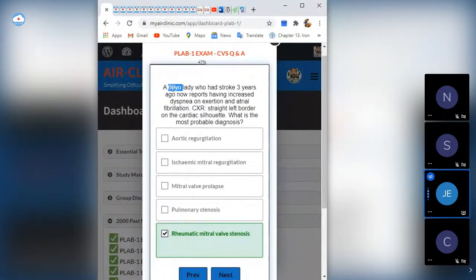So years later, she's now having rheumatic heart disease. And the commonest valve that rheumatic heart disease affects is the mitral. I think that was also something they were using to tell you that it is likely mitral, because the commonest valve affected by rheumatic is the mitral valve.